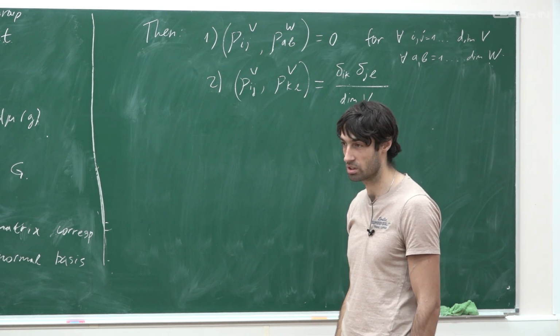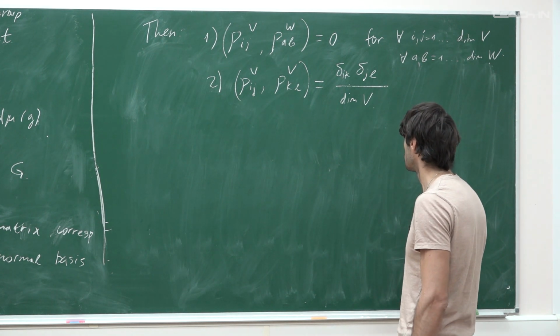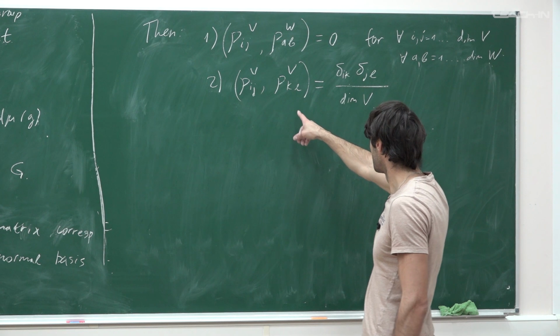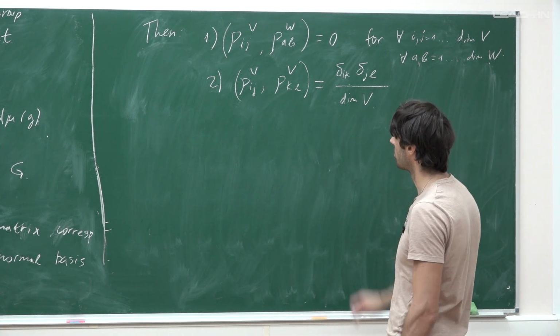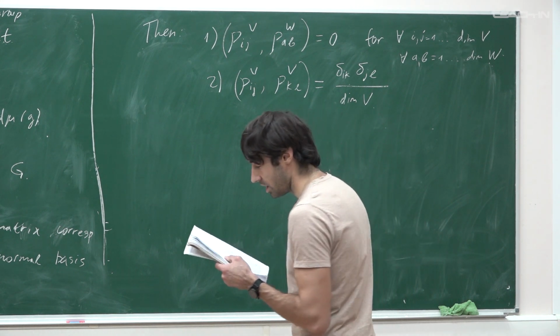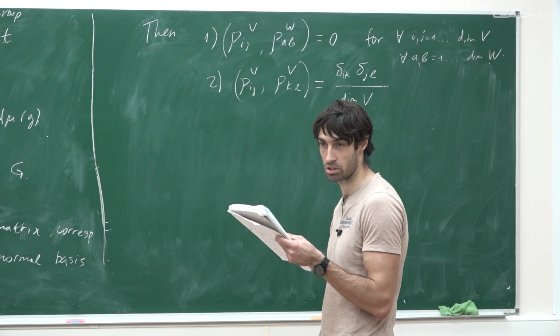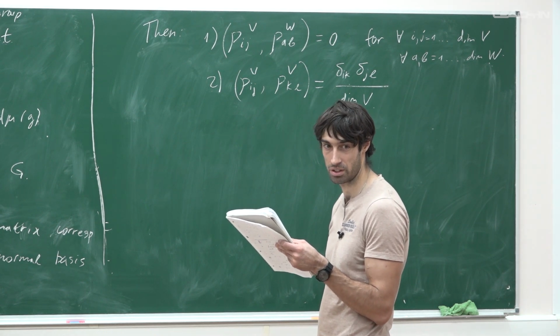They are orthogonal, and we actually know what to do to normalize them. So we know everything. This is basically Schur's lemma. We just need to find the corresponding intertwiner.